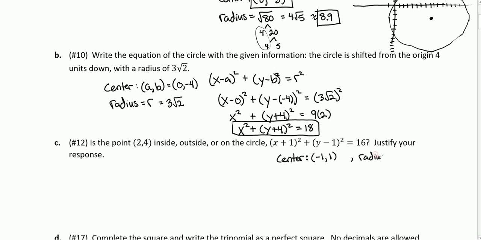We can also see that the radius is going to be the square root of 16, which is 4. And so let's sketch this circle. Left 1, up 1 for our center. And then go 4 in each direction, to the right, above, to the left, and below the center. There's our circle.